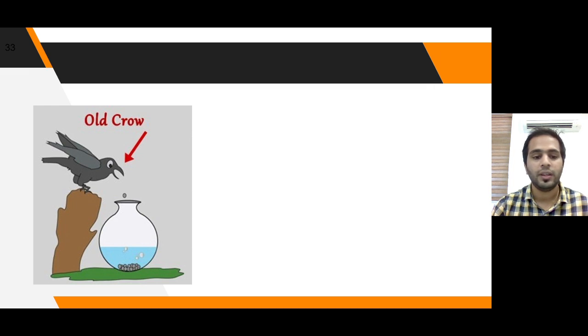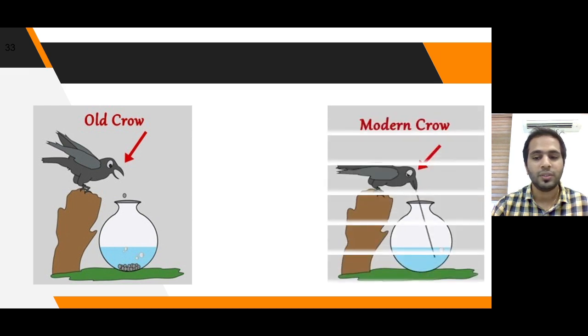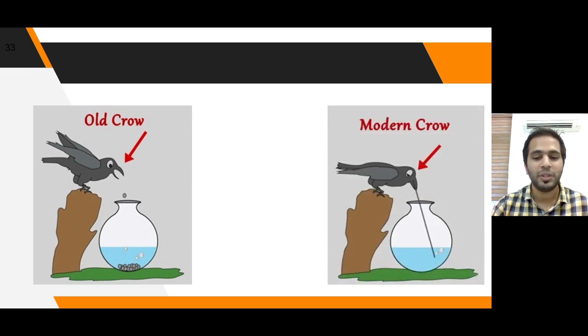Now, there is this saying of the crow that basically kept putting stones in a pitcher of water so that the water came up. Now, this is an old story. The modern crow simply brings a straw and sips the water from the pitcher. So, this is just for you to understand that sometimes smartness is important.